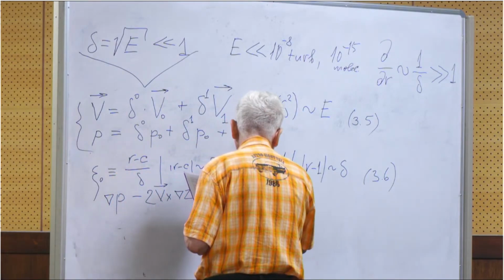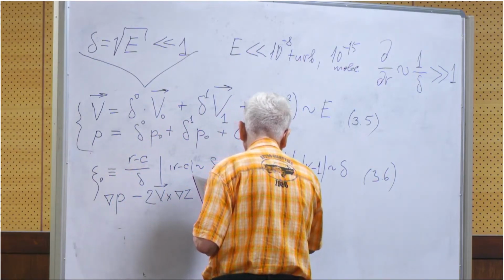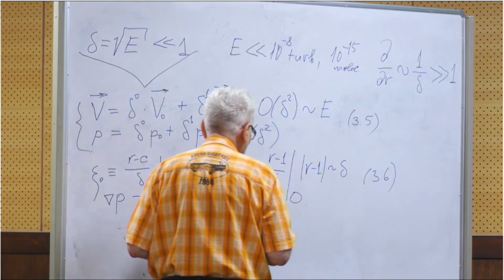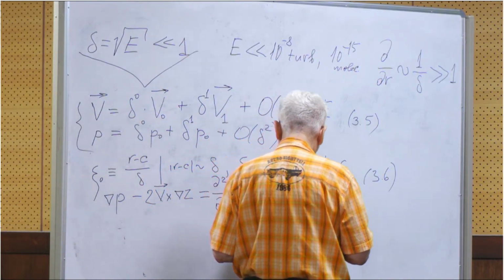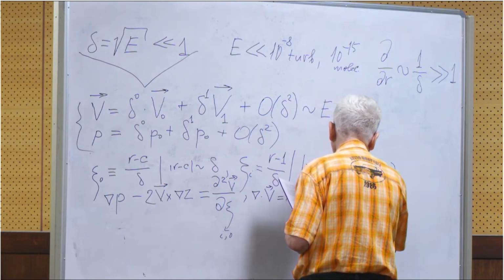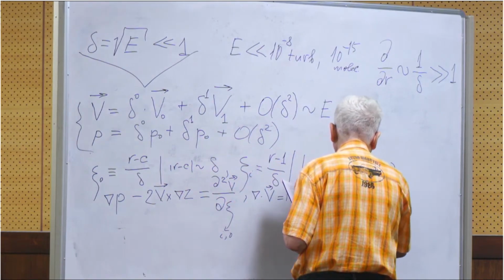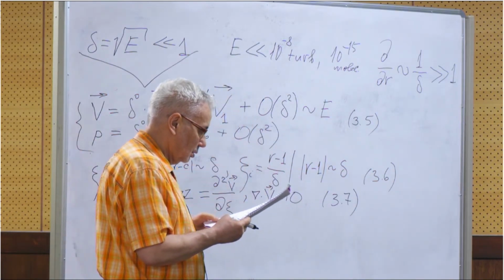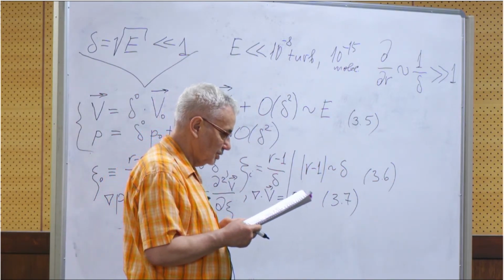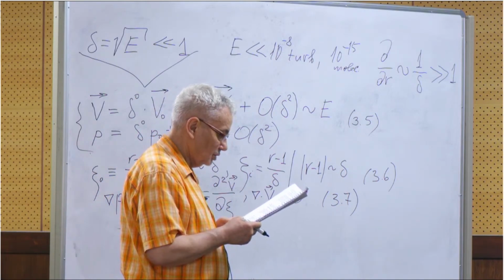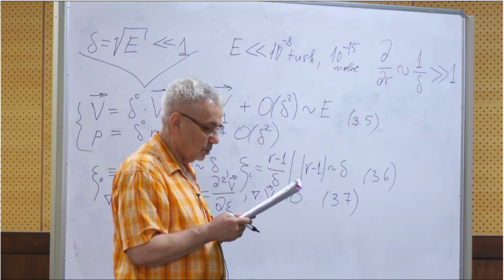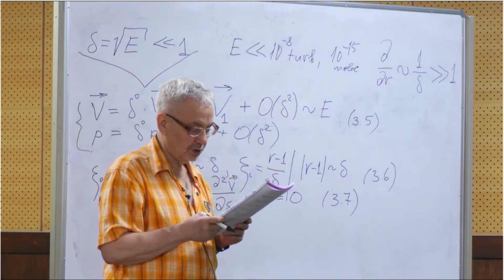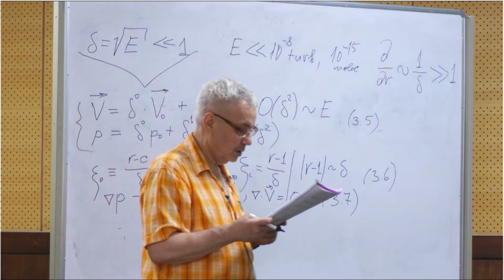And of course the divergence is equal to zero. So it constitutes the system 3.7. Here the stretched variable xi is not indexed because the form of this system of equations 7 remains the same in both the outer and inner Ekman boundary layer.